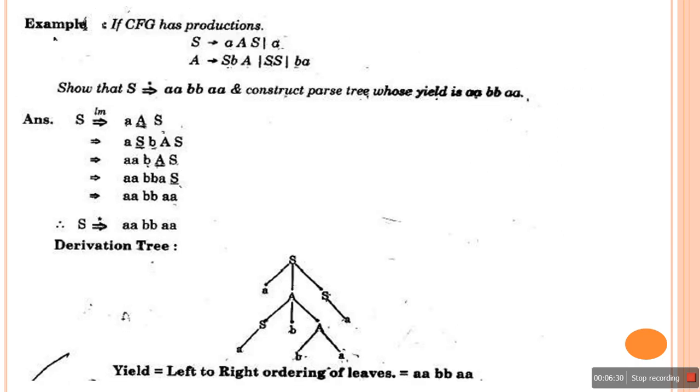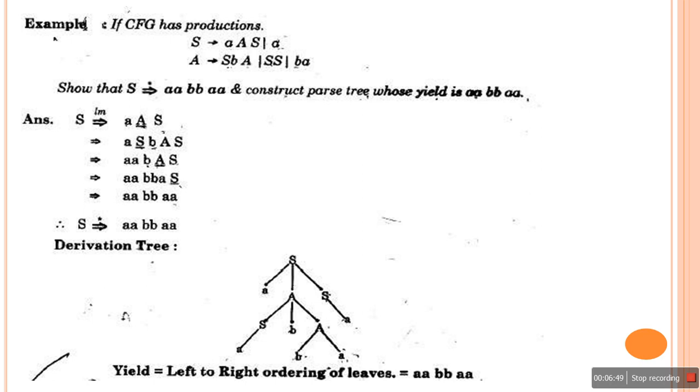In the third example, as we are seeing, these are the production rules for the given context-free grammar, and we have to construct a parse tree and its derivation or yield as AA.